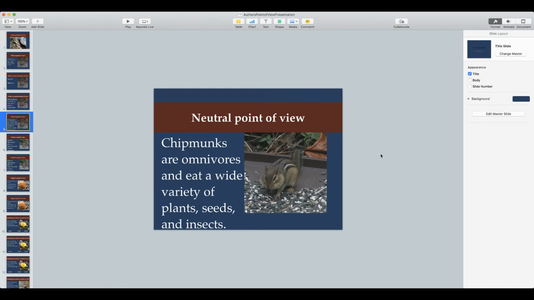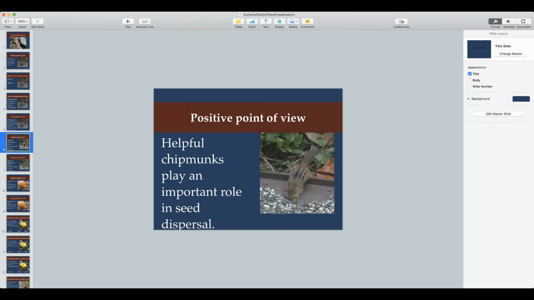So we can look at this example of a neutral point of view. Chipmunks are omnivores and eat a wide variety of plants, seeds, and insects. This isn't giving an opinion, this is giving fact. So this is a neutral point of view because it's telling us what chipmunks eat.